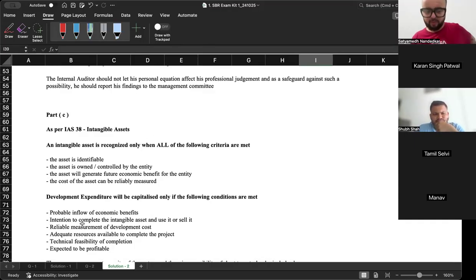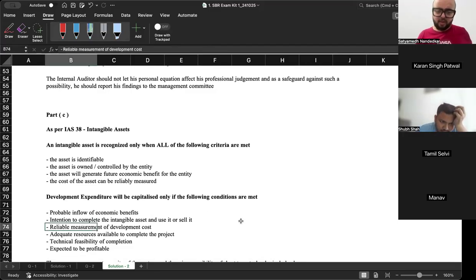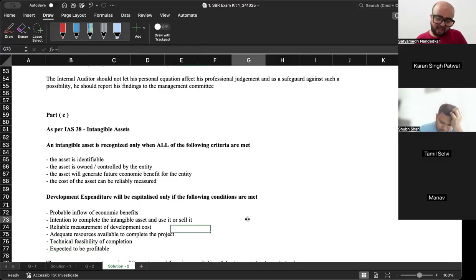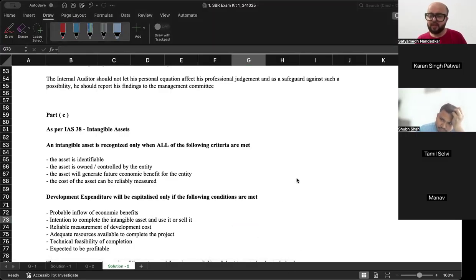Probable inflow of economic benefit, intention to complete the intangible and use it or sell it, reliable measurement of development cost, adequate resources available to complete, technical feasibility of completion, and expected to be profitable. Okay, but whatever these 6 conditions, these have to be fulfilled for you to capitalize the development cost, correct? Now evaluate each of these conditions and tell me, are these getting fulfilled or not?